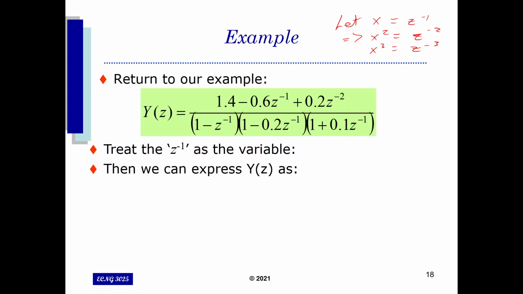If I don't want to use x, I can let this be equal to some other term, say m, and we say m squared and m cubed. So I can transform that from y of z into y of m. I will just be dealing with positive powers only, which makes my life a lot easier for factorization and obtaining partial fractions and so forth.